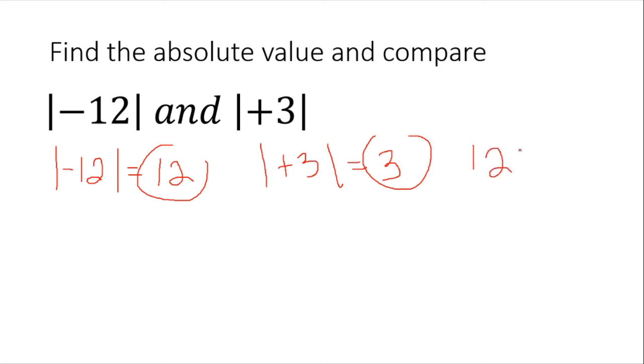So 12 is greater than 3. So therefore, the absolute value of negative 12 is greater than the absolute value of positive 3. Next.